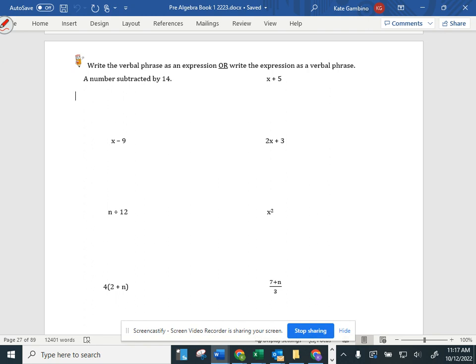A number. You can look back at your table. Yeah, plus 5. Perfect. Is that the only way we could write that? A number sum 5? So does that make sense?